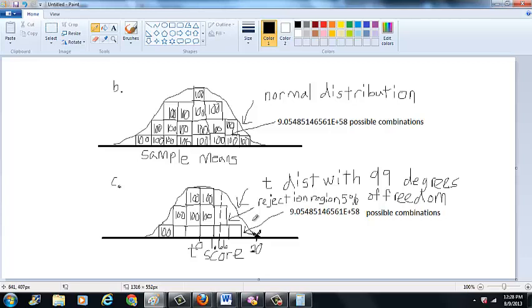What I actually want you to do is, don't make this where you label 20, try to make the curve go a little bit past your test statistic of 20, or make sure it goes at least a little bit past what your test statistic equals. Because our t-score was 20, and our p-value is the percent of outcomes or samples at or beyond our t-score of 20.